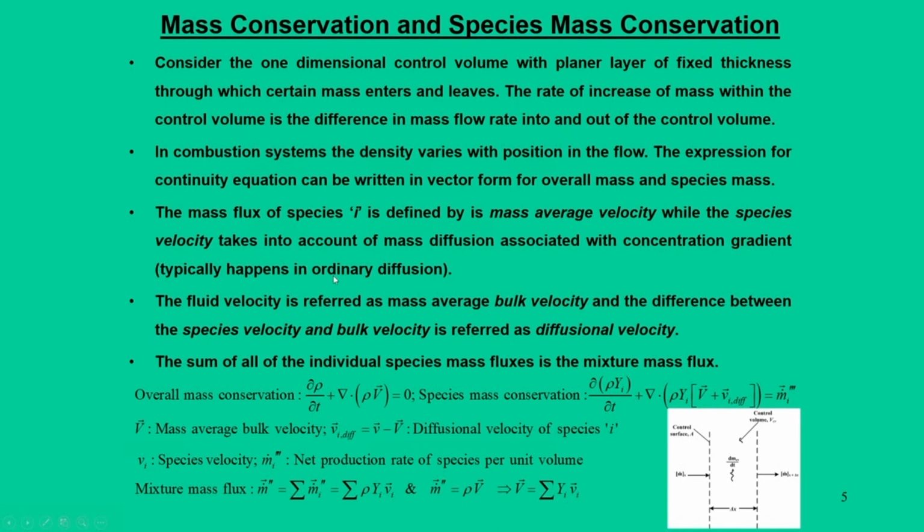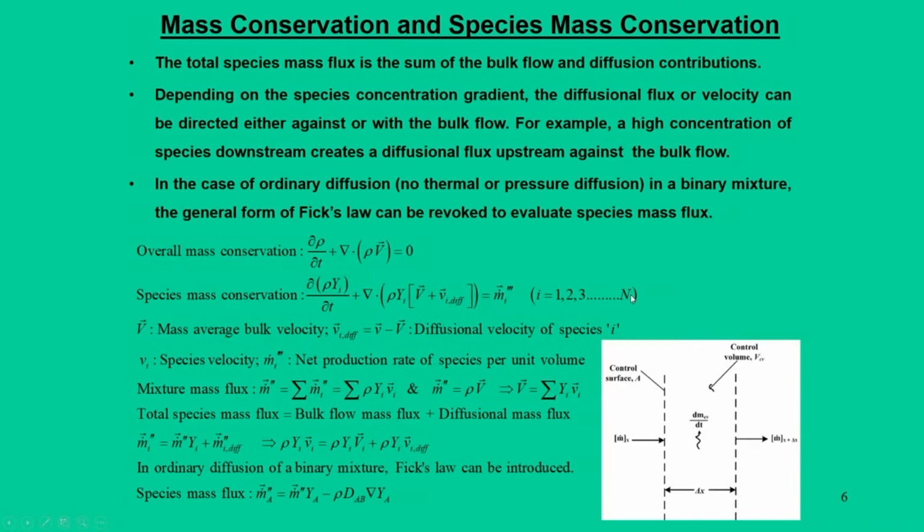Here we introduce two terms: one is the mass average bulk velocity, which is the vector V, and the other is the species velocity, vi. The difference between these two is the diffusional velocity. So the diffusion velocity for species i is nothing but the small v vector minus the capital V vector, which is the difference between the species velocity and the bulk velocity.